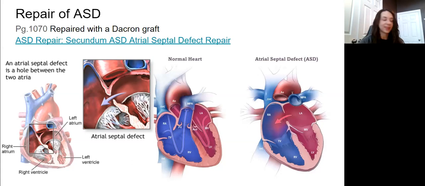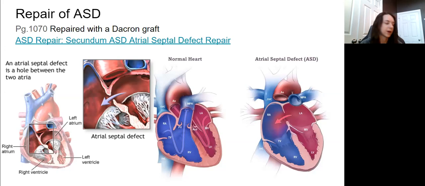It starts with the pathology: repair of ASD, atrial septal defect. This is an abnormal opening in the wall between these two atria, as you see in the picture. The opening is at the top of the heart. Now there are 3 different kinds, which is on my next slideshow, and you need to be aware of all of those.